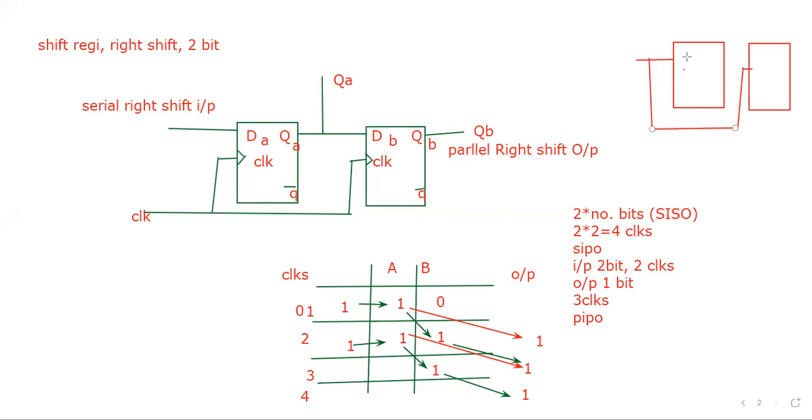See, this one is our clock. This is our parallel input, and here it also has its own parallel input, and then it would have its output. Understand? We have our output over here.